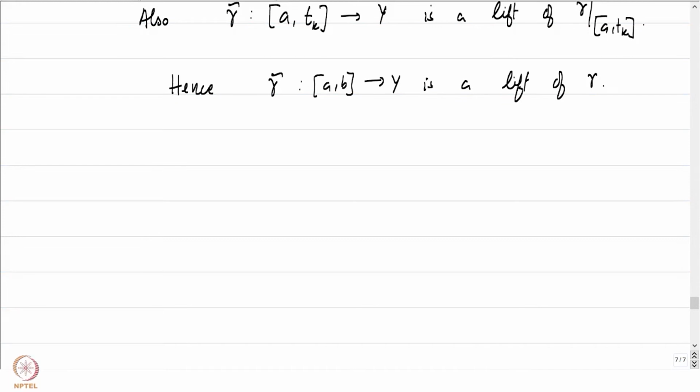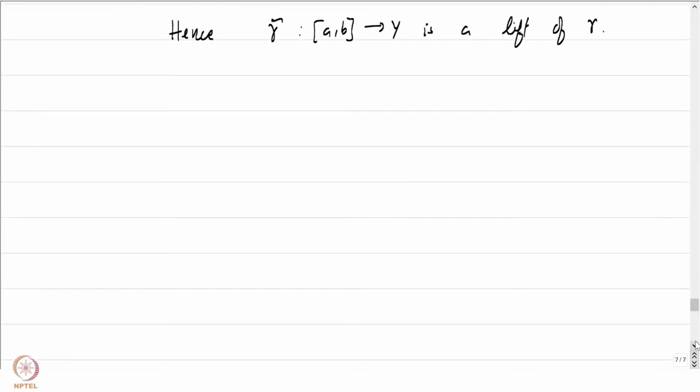The theorem only gives us a guarantee of a lift. It does not tell us much about the property of the lift. For example, consider the following scenario. Instead of looking at C star, let me look at C star to C star.